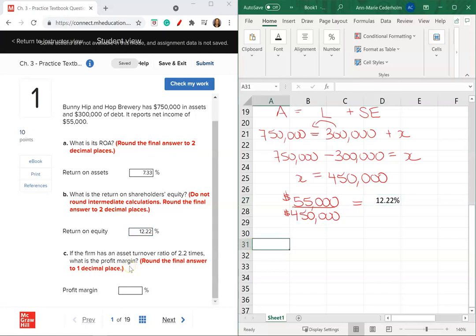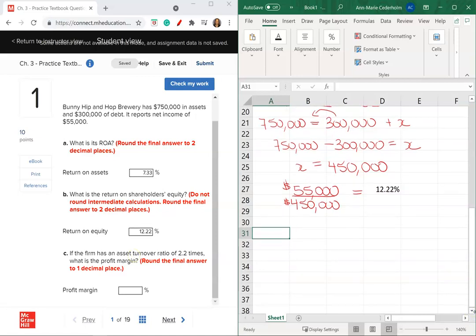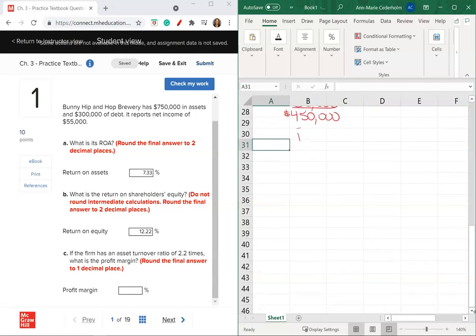And the last one is the profit margin percentage. So our formula for profit margin is our net income divided by our sales.